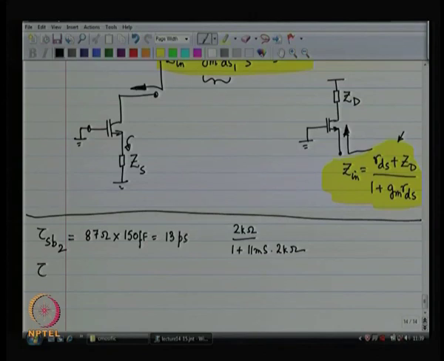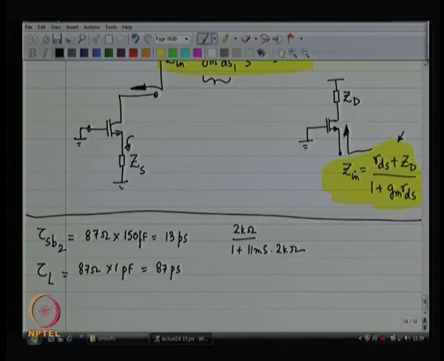Picoseconds. What about the load? It will be the same computation. You will get about 87 picoseconds.